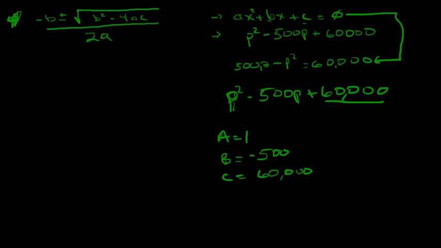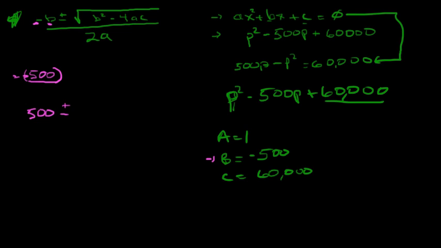Okay, and you have to be careful here because there are so many places to make mistakes along the way. So first of all, you start with plugging in for B. Well, B is negative 500, and it's negative B, which is negative 500. So right off the bat, you have this negative B, and B is negative 500. So you have to cancel out one of the negatives, which then makes it a positive 500.